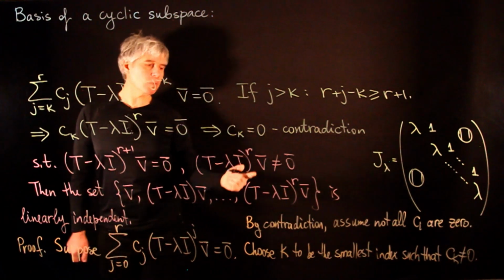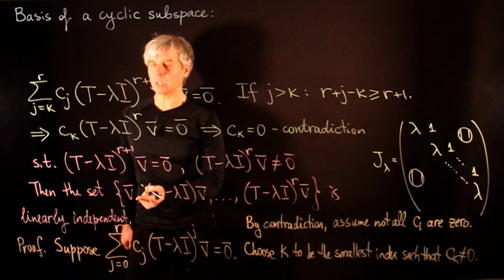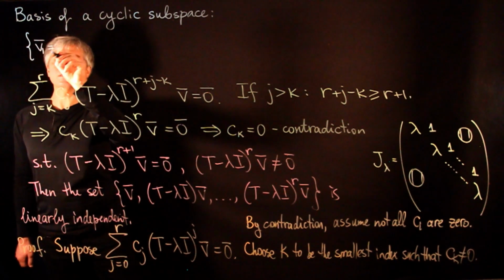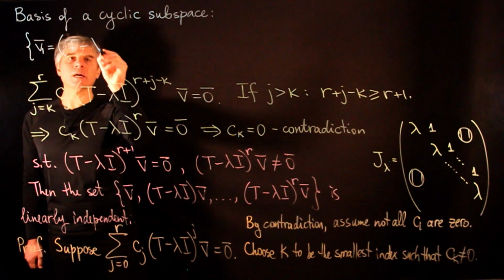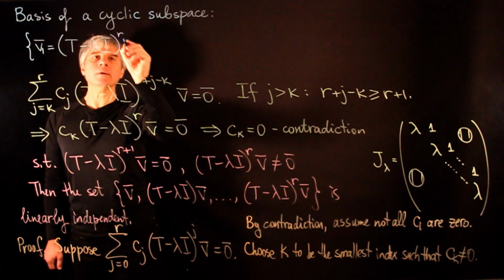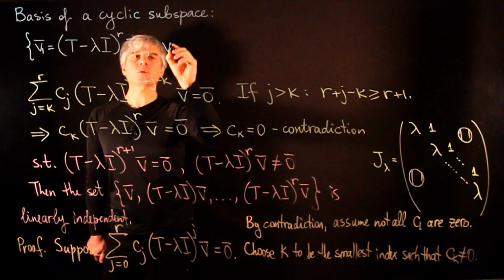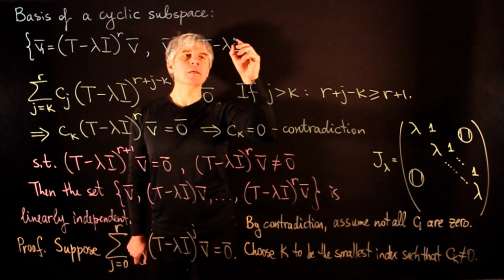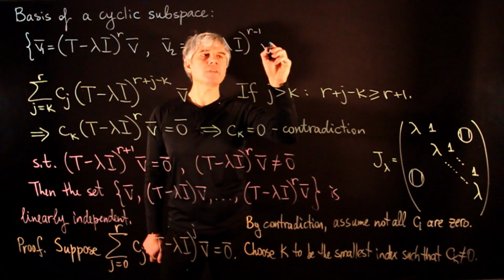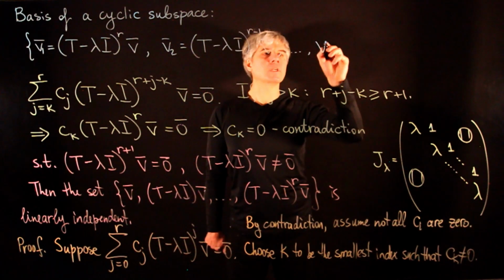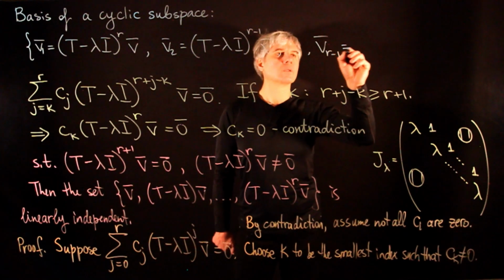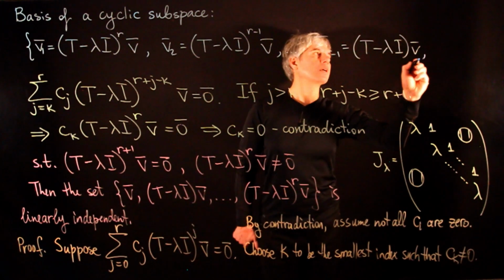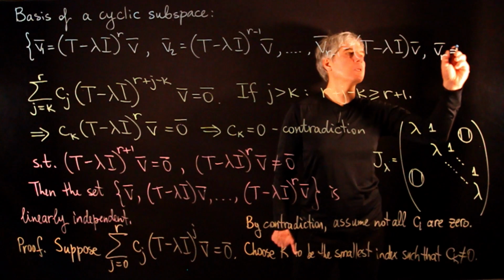Only in this basis we are going to list these vectors in reverse. So we have v1 is (T minus lambda I) to the power r applied to v. v2 is going to be (T minus lambda I) to the power r minus 1 applied to v. v_{r-1} will be (T minus lambda I) v, and v_r is going to be our vector v.